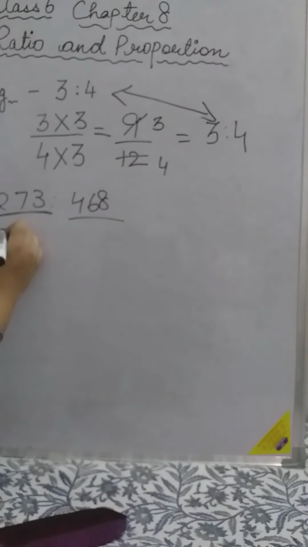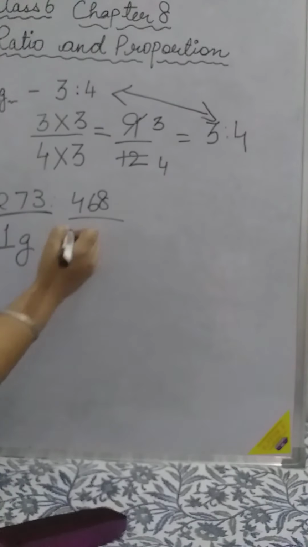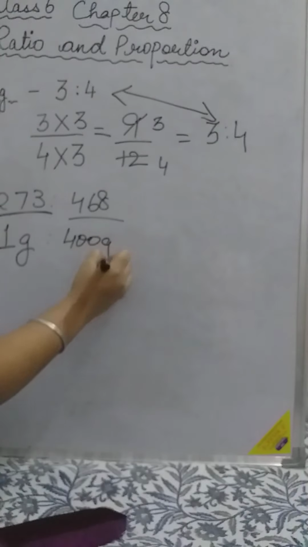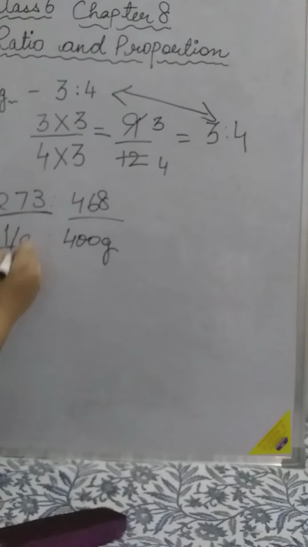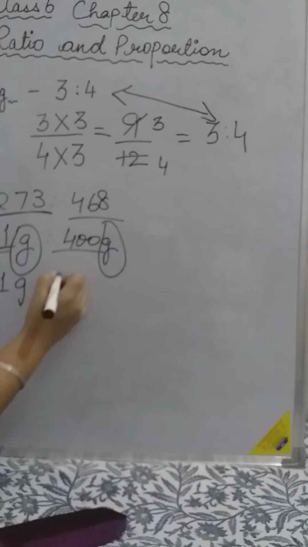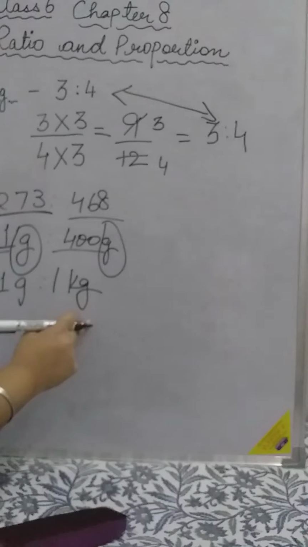If I write, suppose, 1 gram and 400 grams, they have units with them and they are both the same quantity, so here you can express it in the form of a ratio. Next, if I write 1 gram to 1 kg, here the quantity is the same but the unit is different. This is a smaller unit and this is the larger unit.